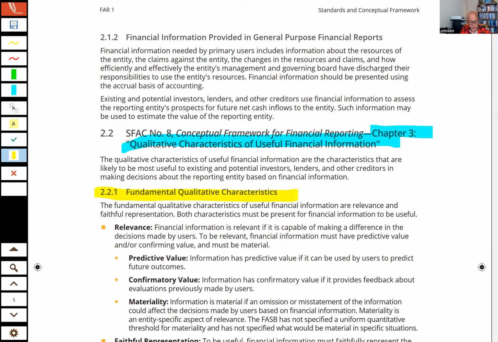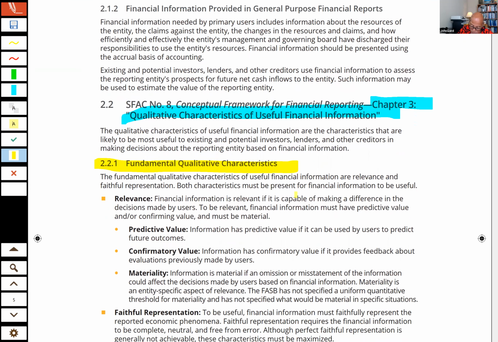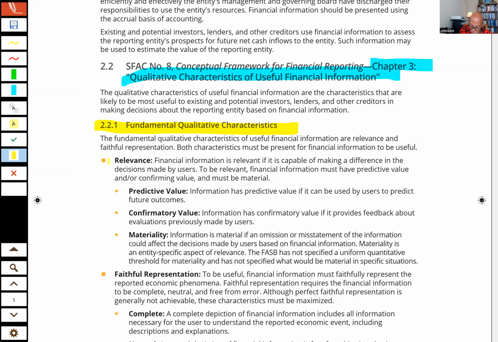And so we have fundamental characteristics, and then we're going to look later and see that there are also enhancing qualitative characteristics, but the fundamental ones are relevance and faithful representation.